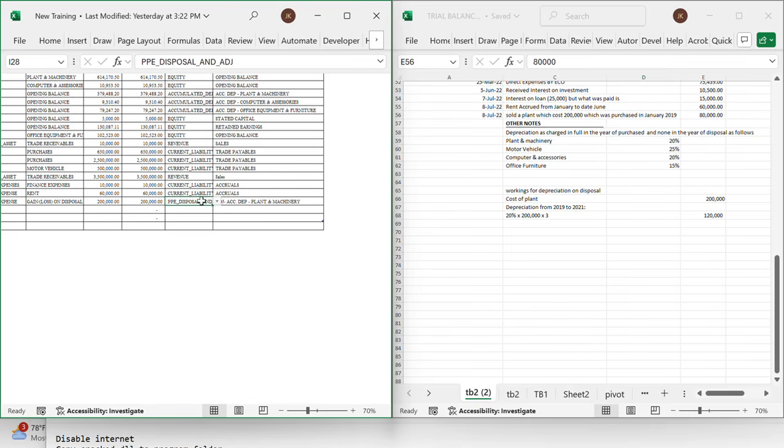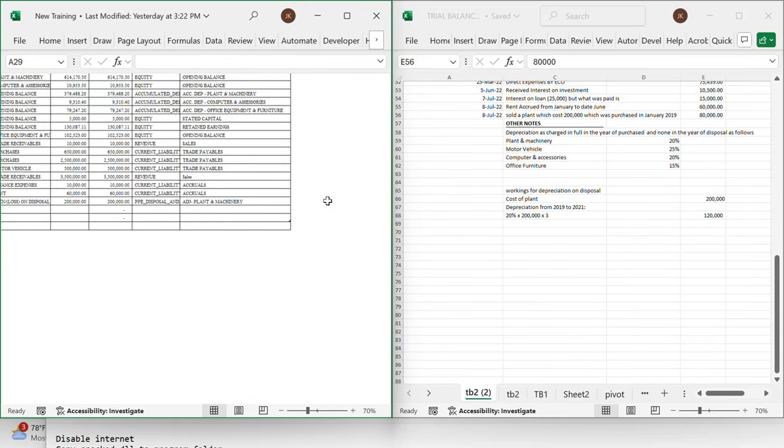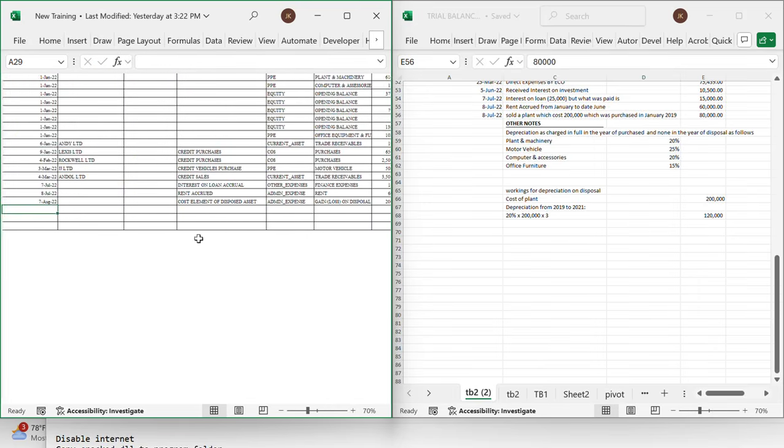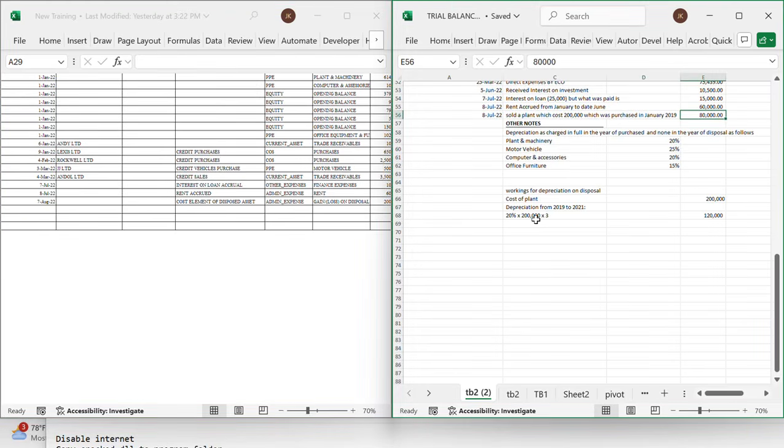So we should have selected disposal and other adjustment, PPE disposal and other adjustment. And here we select the plant and machinery, right? Okay. So the second one is where we rather debit accumulated depreciation, and we credit our disposal account.